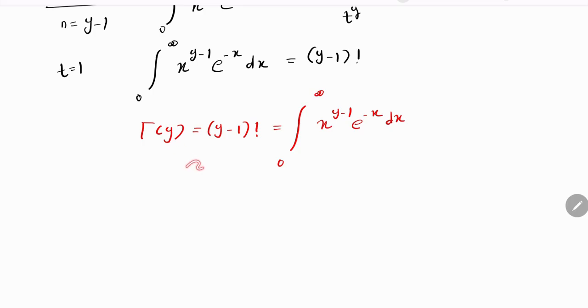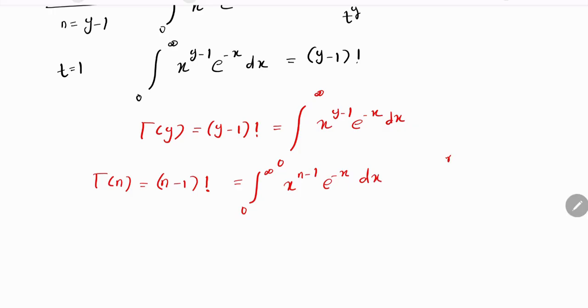We can choose any variable like z, n, etc. If we take this y as n, we can write gamma of n is equal to n minus 1 factorial, not n factorial but n minus 1 factorial, defined in terms of an integral. That is n minus 1 factorial is equal to the integral from 0 to infinity of x to the power n minus 1 e^(-x) dx.